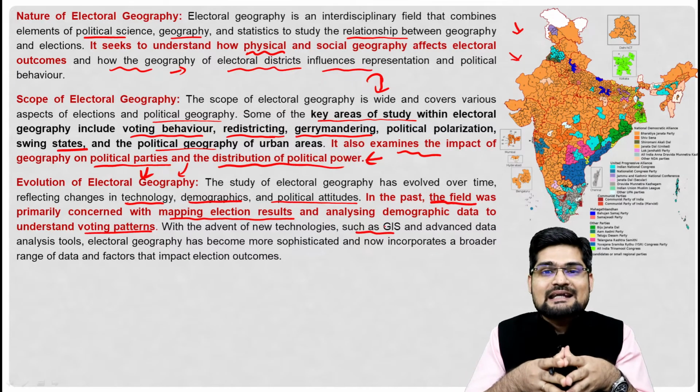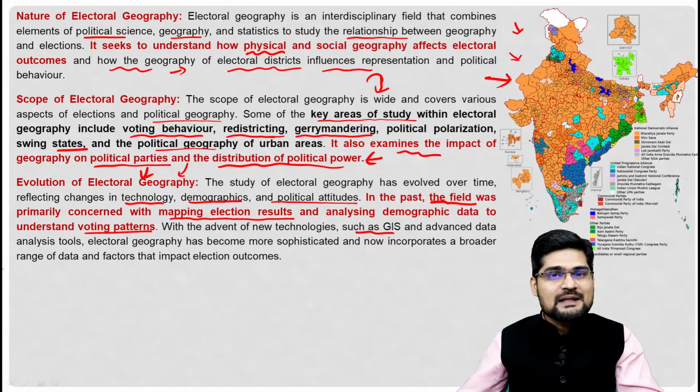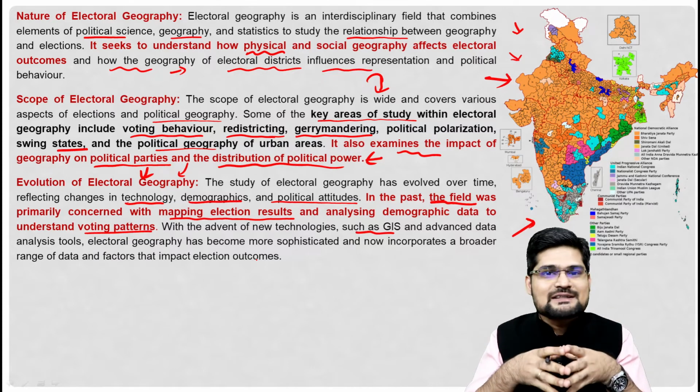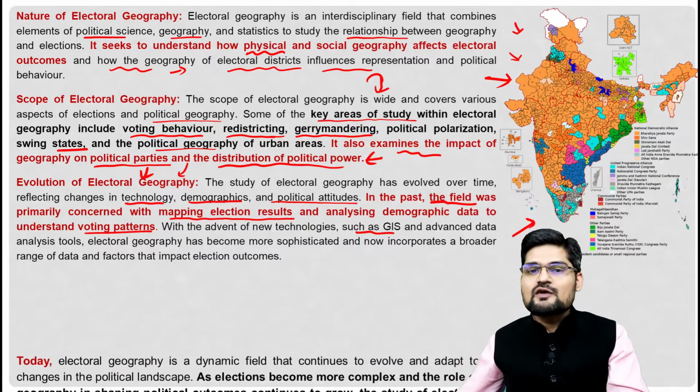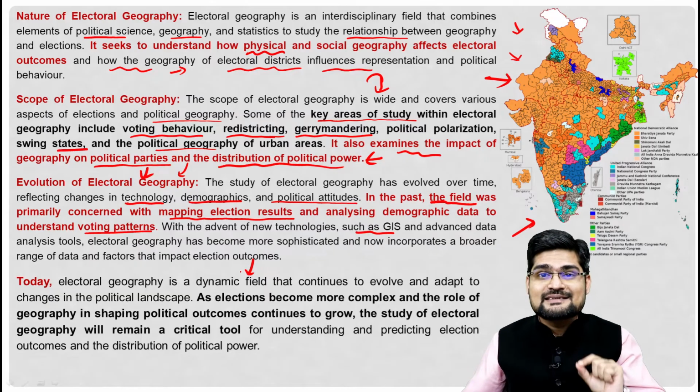So GIS analysis gives you a detailed geographic analysis of what's happening on the space. So these kinds of maps are being created, and I'm sure during elections and election results, you must observe these maps which you can see across the media houses and representations. So what you observe today, electoral geography is a dynamic field and involves a lot of research and a lot of theoretical practices that we observe here.